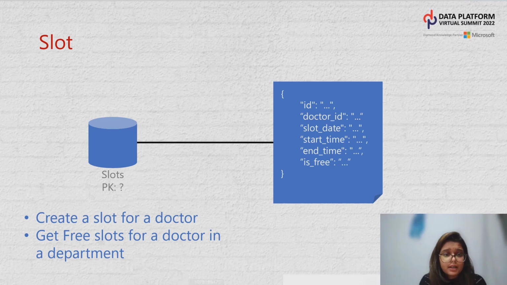Now the queries are like create a slot for a doctor, get free slots for a doctor. So what should be the partition key here? Clearly we are creating slots for the doctor, and we are always querying slots for the doctor. So it makes sense to define doctor ID as the primary partition key.